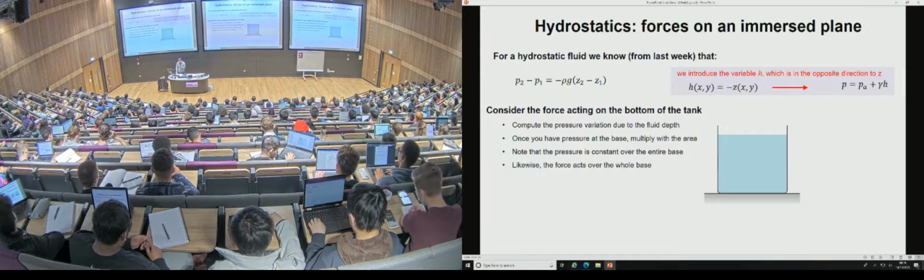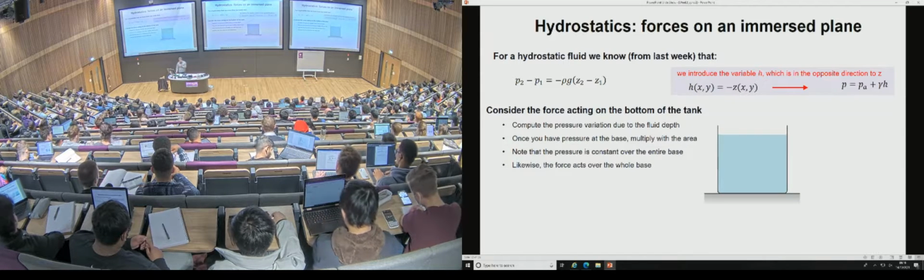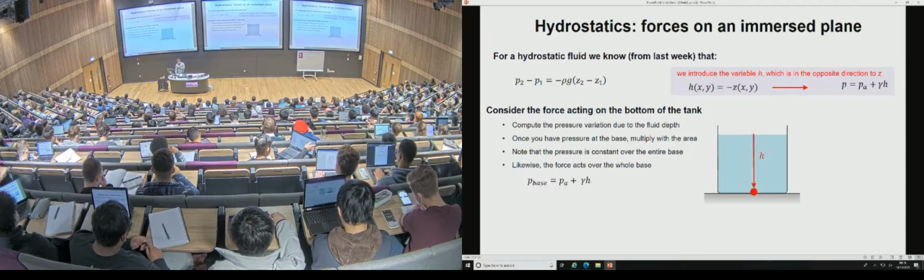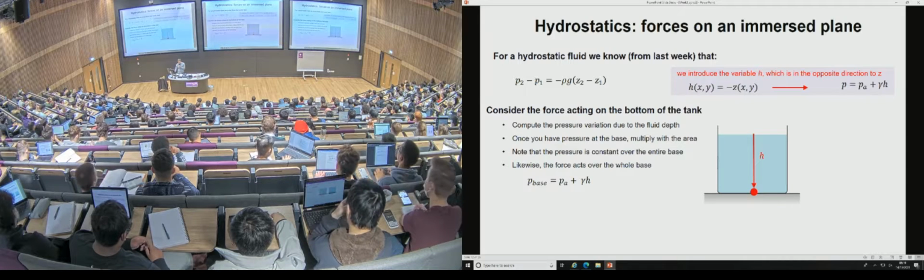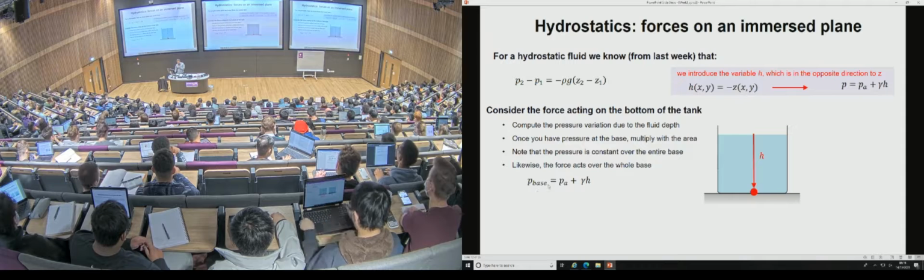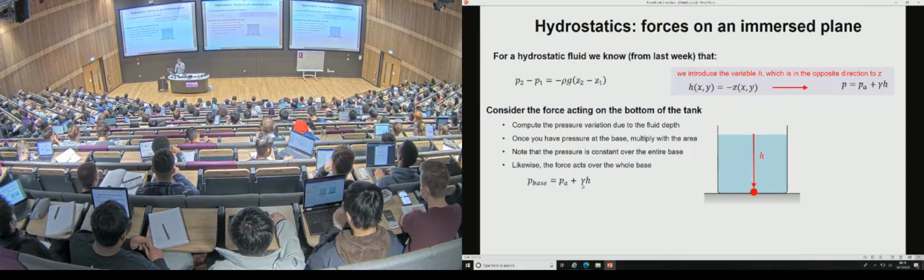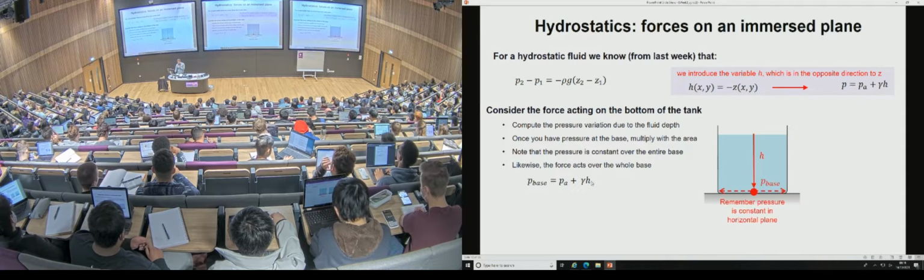Okay, so consider then this force acting on the bottom. We know the pressure variation through the fluid. We know that if you go a certain height down, you get a certain pressure, which is going to be equal to your atmospheric pressure plus the specific weight times that height. Remember that the pressure is going to be the same at the same distance, so it's going to be constant across that base.